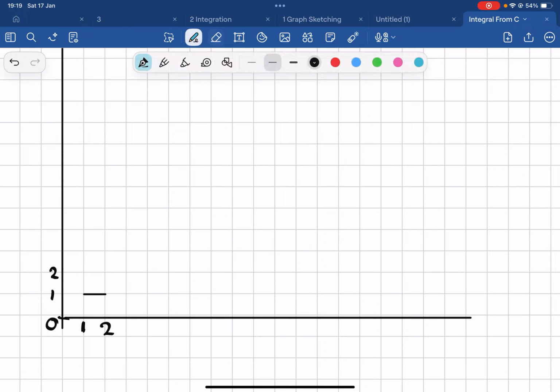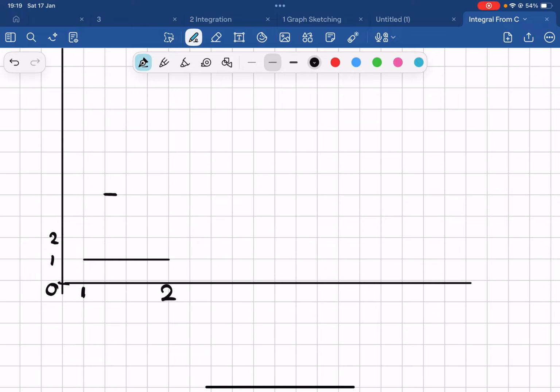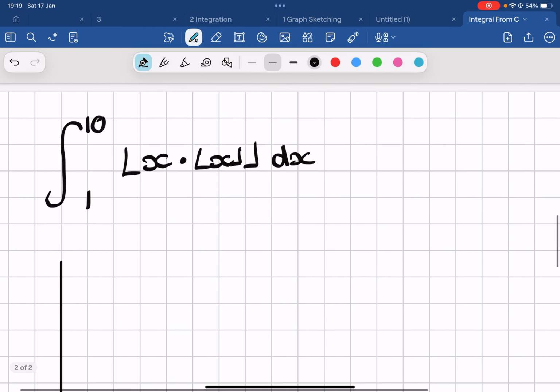But actually, let's space this out a little. Let's have 2 there. We said up to 2.5. Well, let's check. We have 2.5 times 2, which is 5.